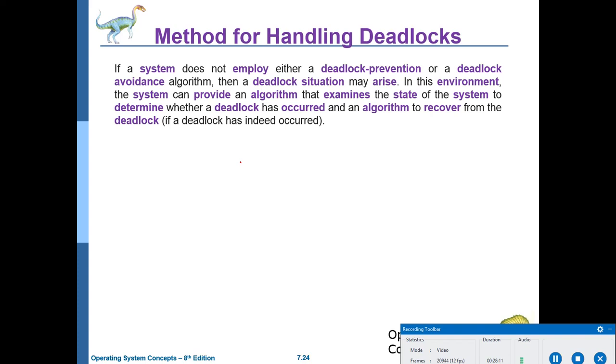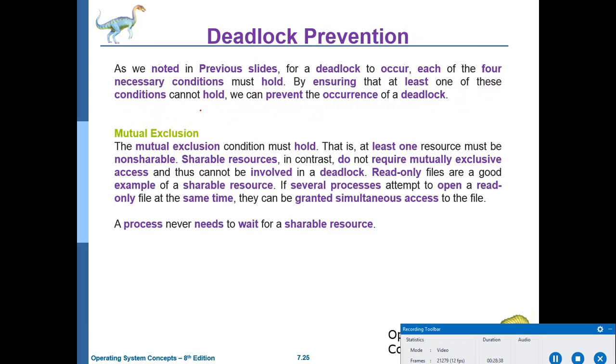In this environment, the system can provide an algorithm that examines the state of the system to determine whether the deadlock has occurred, and then it will have an algorithm to recover from that deadlock. So if neither of the techniques is available, then if the system goes into deadlock, the operating system will have an algorithm to recover from the deadlock.